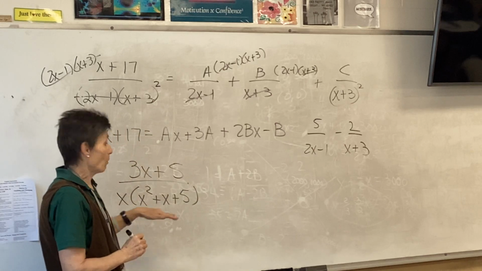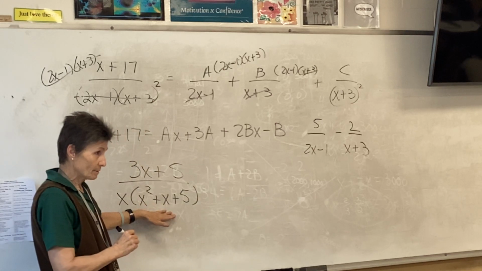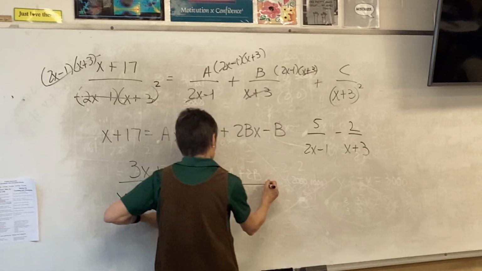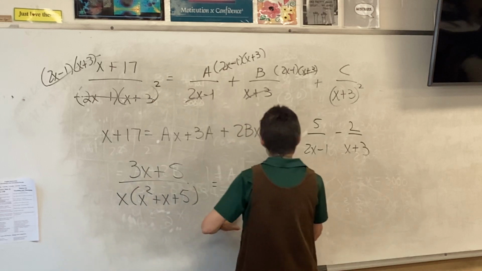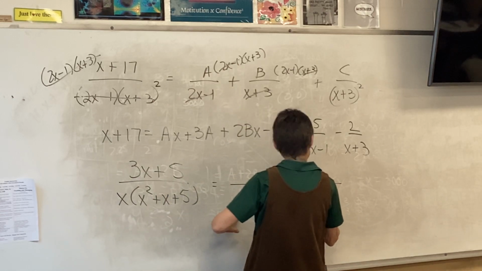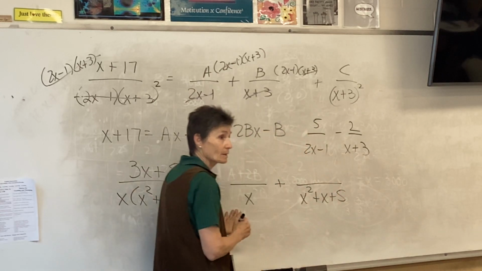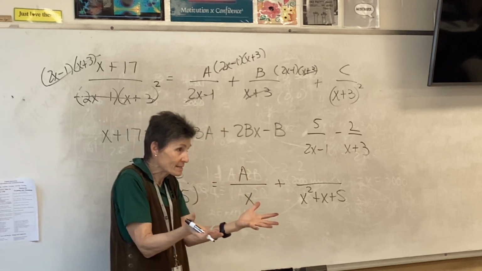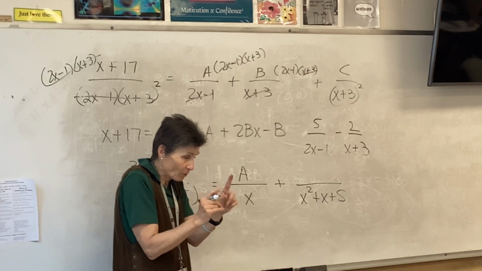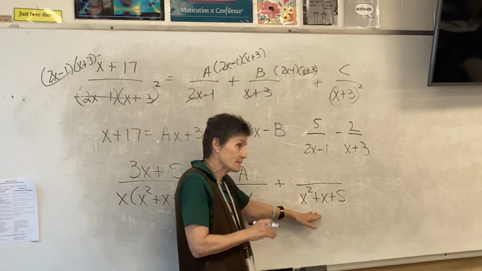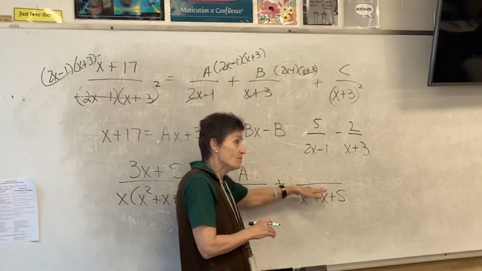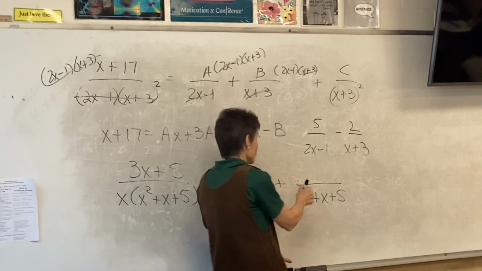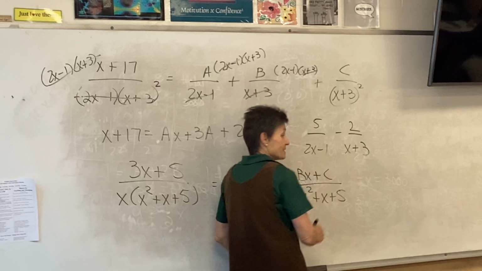Now, that does not break down anymore. So you have a factor with an x, and you have a factor with x squared plus x plus 5. This numerator would be A, just like it always is. But remember, if that denominator is a non-reducible quadratic, then your numerator has to be linear. So your numerator would be Bx plus C, remember?